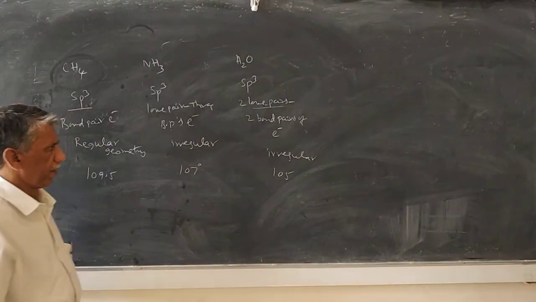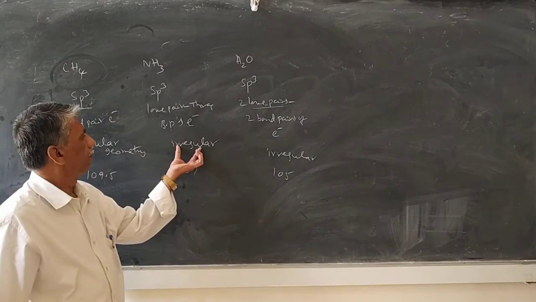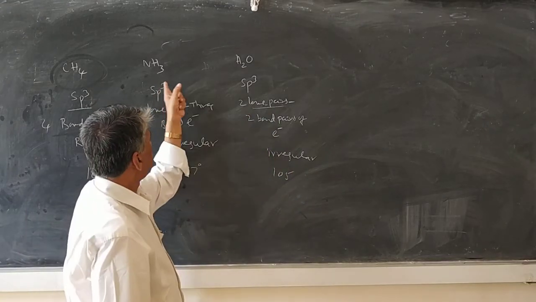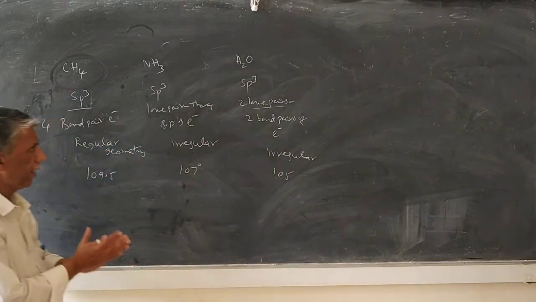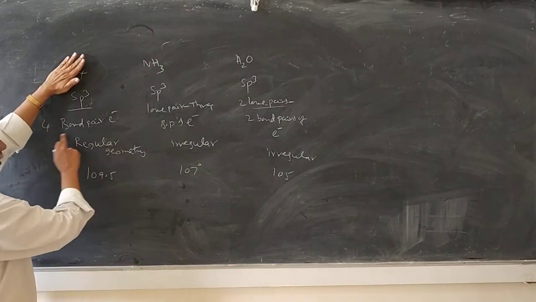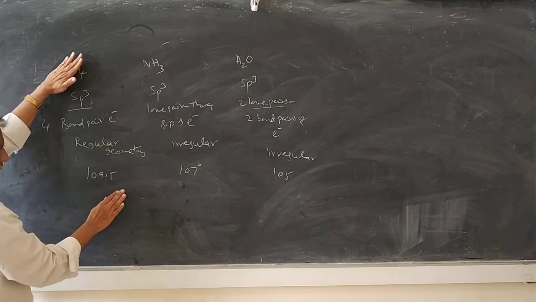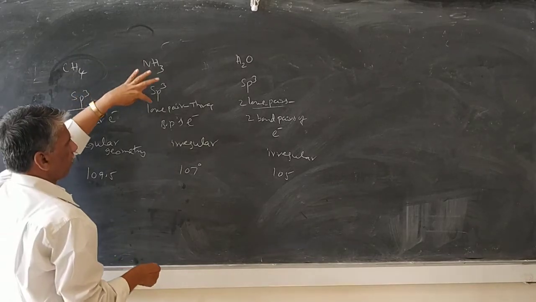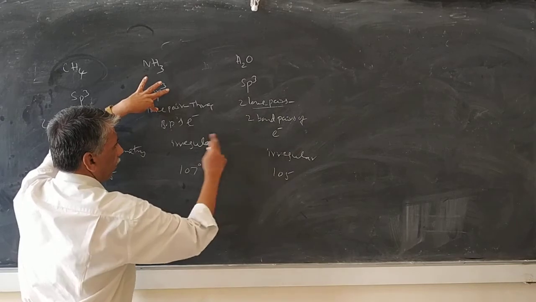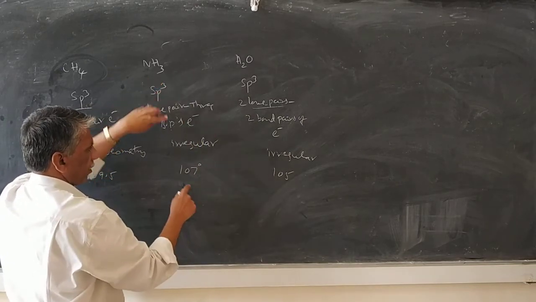So I shall explain what the geometry is in this molecule and in this molecule, by taking these two examples. But for the time being, remember that if a molecule has only bond pairs of electrons, it will have regular geometry and the bond angle is as expected. Whereas if the molecule has lone pairs of electrons, definitely it will have irregular geometry, and the bond angle also decreases.